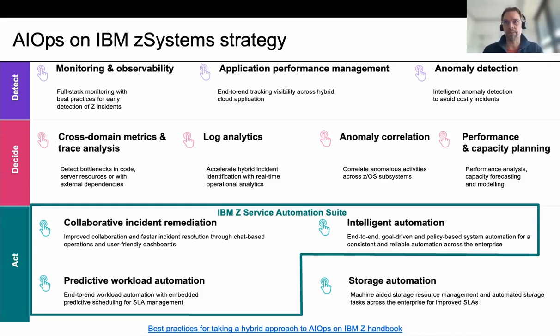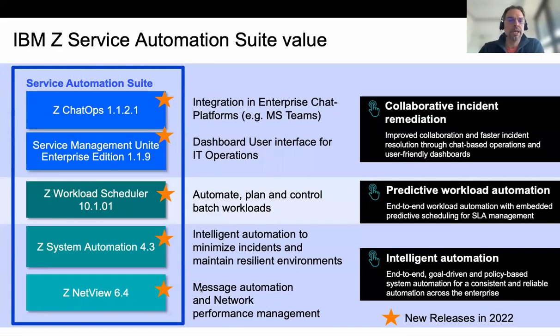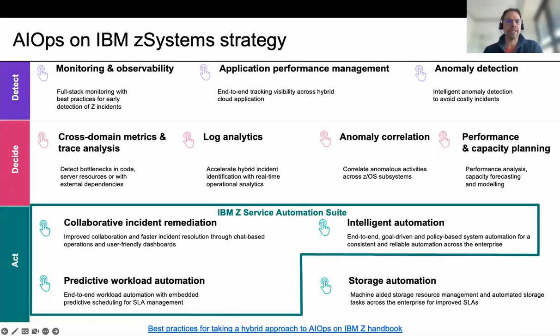This is around Service Management Unite, the web-based UI, and also our ChatOps, our chat integration. Then we have the best practice around intelligent automation, which is covered by IBM Z System Automation and IBM Z NetView. And we have predictive workload automation, which is our workload scheduling product, IBM Z Workload Scheduler.